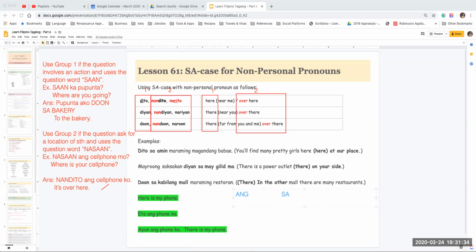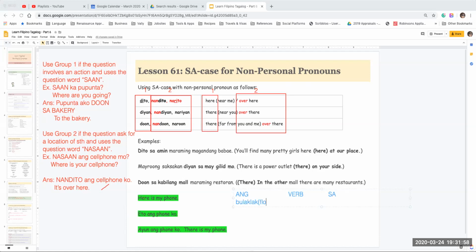Let's see. What would we say? We might need some verb too. So we say "bulaklak." What is bulaklak? Bulaklak is flowers.